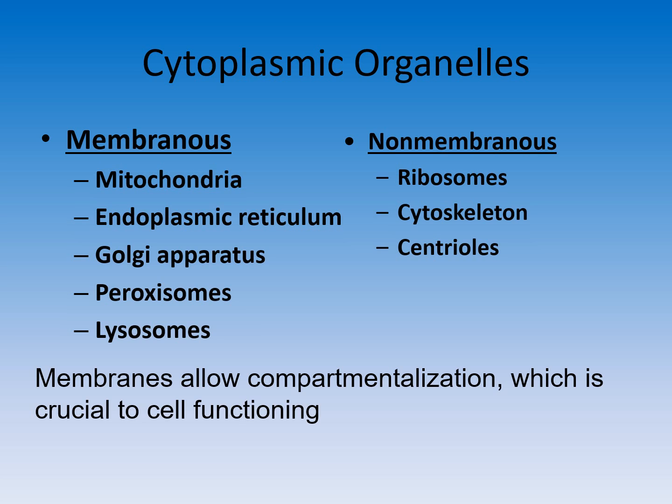We look at these organelles that are present in the cytoplasm. Some of them are membrane bound, some of them are not. The non-membrane bound ones are things such as your ribosomes, cytoskeleton, and centrioles. The membrane bound ones, which are only found in your eukaryotic cells, are things such as your mitochondria, the endoplasmic reticulum, Golgi apparatus, peroxisomes, and lysosomes.